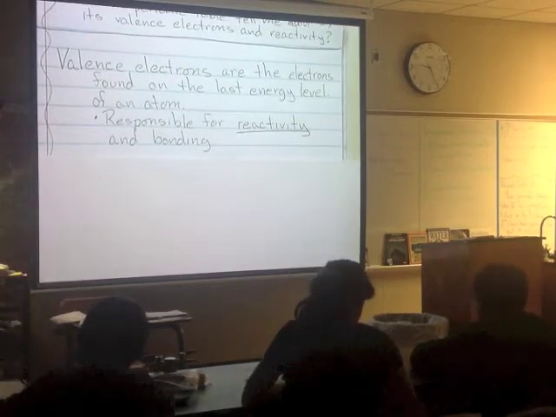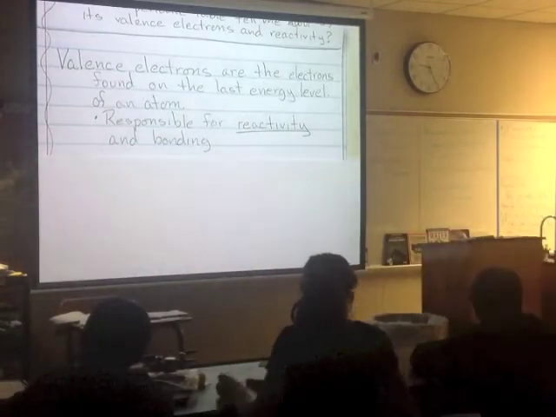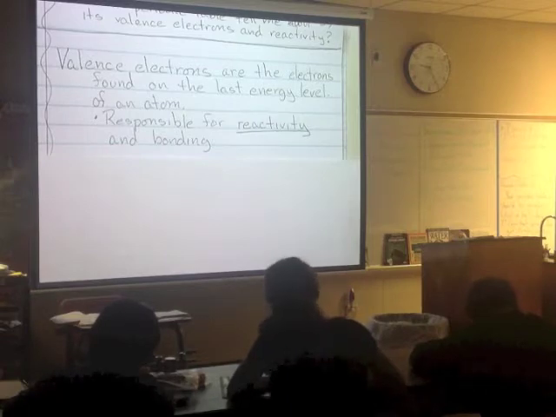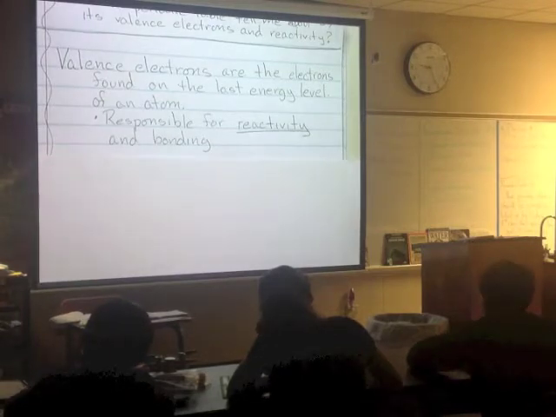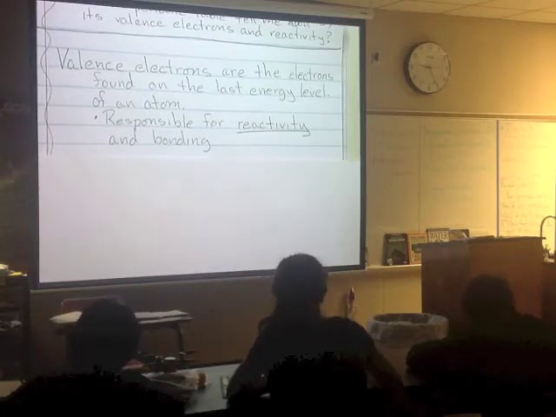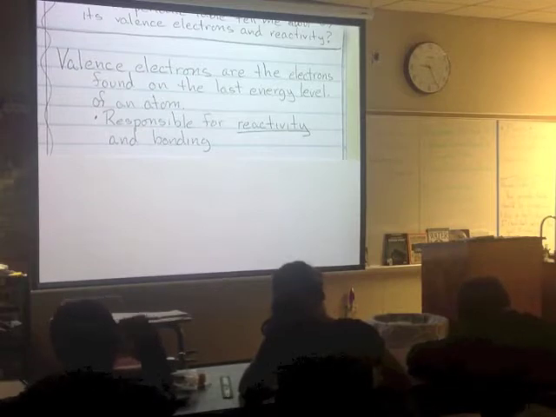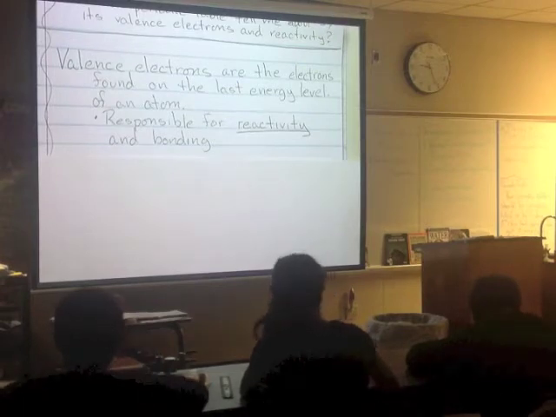So now, we already talked about the elements, the parts of them, the subatomic particles. We talked about the charges within their particles. Now we're going to look at how these atoms are joining other atoms. Because what we're going to see is that every single element on that periodic table, except for elements in group 18, are not by themselves.